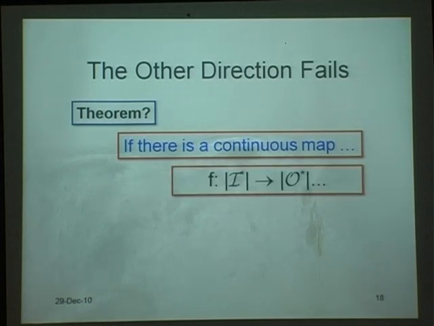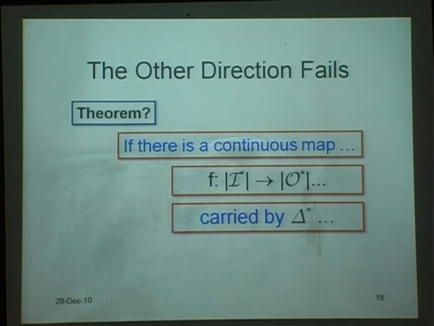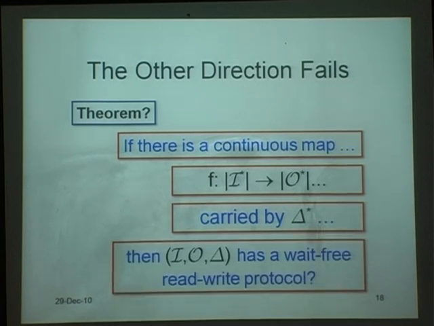It says that if there is a continuous map carried by delta, then it's not necessarily the case that a protocol exists. So the answer is that we need a stronger condition than this to make everything work. And the condition is going to be basically that this map has to be color preserving, in a sense that we'll define next time.